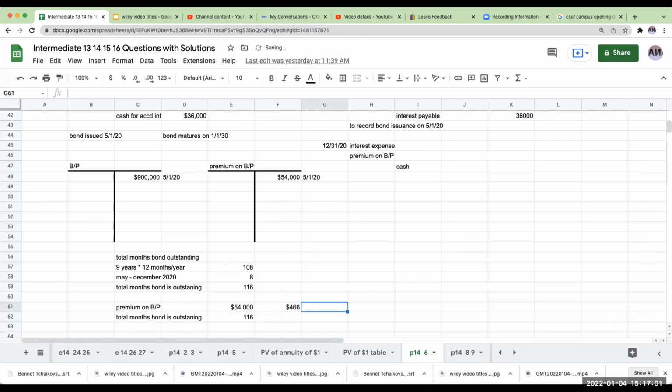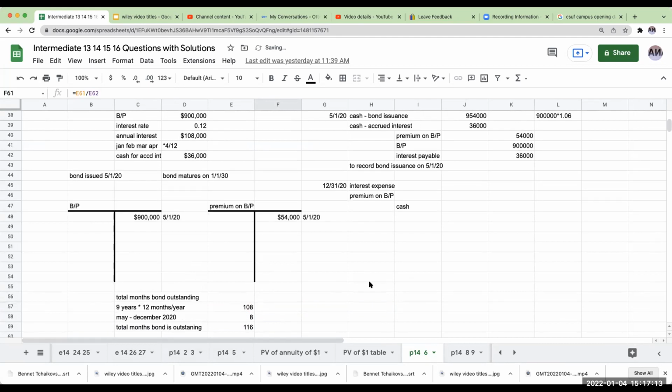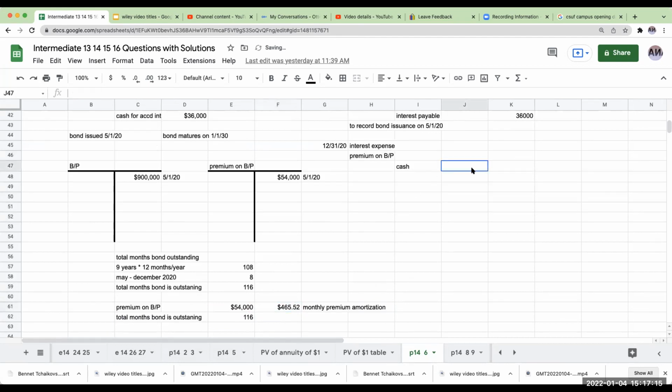So my monthly premium amortization is going to be 465.52. And we're not even paying cash, I'm just going to call this interest payable.